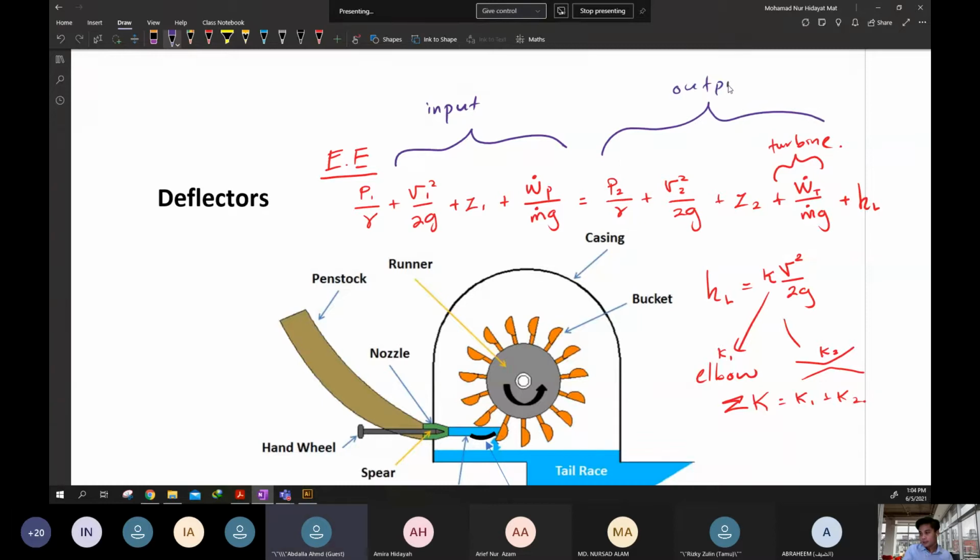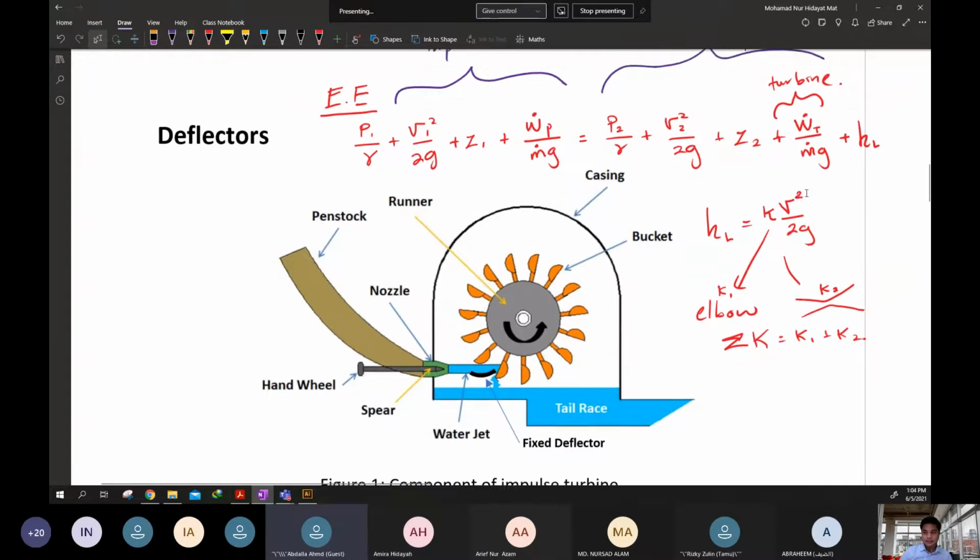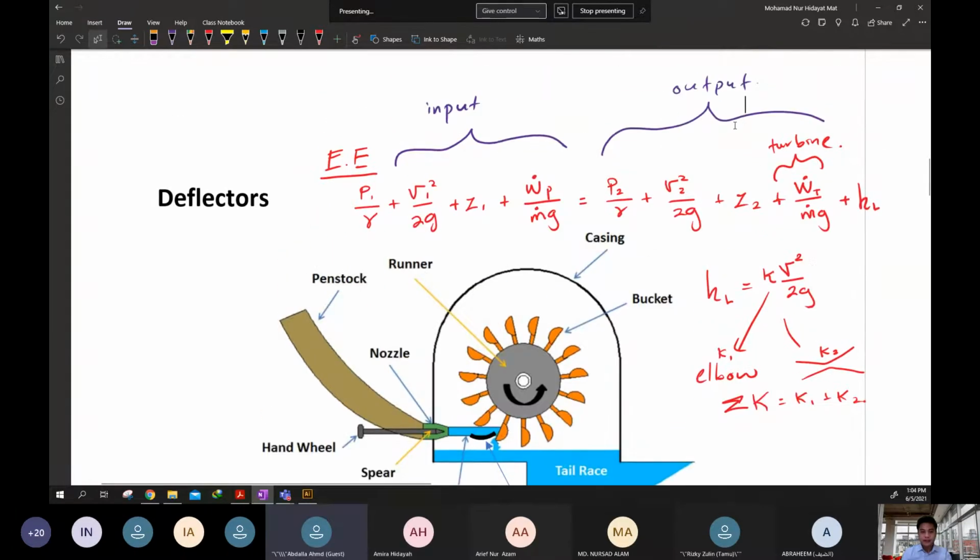Point number 2 is the output. So at the input, we input the energy. At the output, we extract the energy. That is why the turbine is located at point number 2, which is at the output. Turbine output the energy means extract the energy from the fluid.